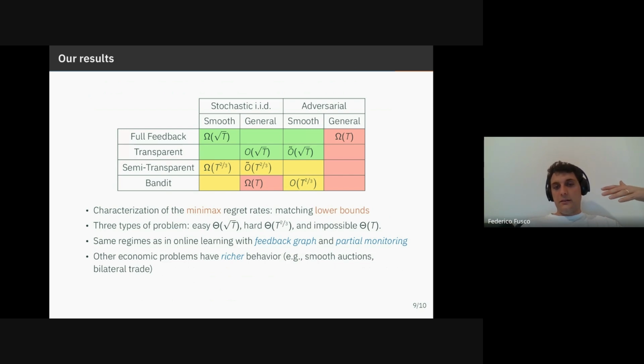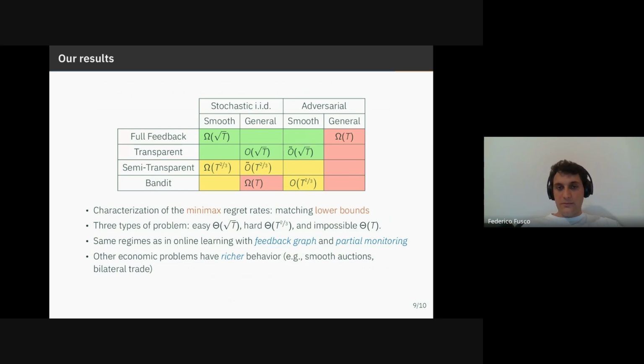And what we have is a full characterization of the minimax regret rates that are achievable for each one of these feedback-environment combinations. By a characterization of minimax regret rates, I mean that all our algorithms have upper bounds that are matched by some hard instance, some lower bounds.